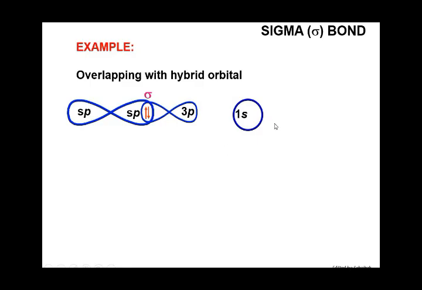What about if we have one s orbital and it overlaps with an sp hybridized orbital? It also will produce a sigma bond.